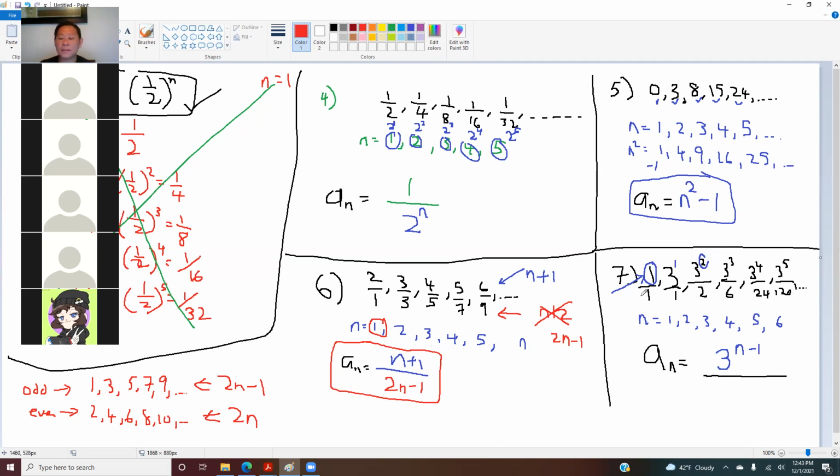Now the bottom one is a tricky one. 1, you get 1. 2, you get 1. 3, you get 2. 4, you get 6. 5, you get 24. 6, you get 120. So what makes it have this?